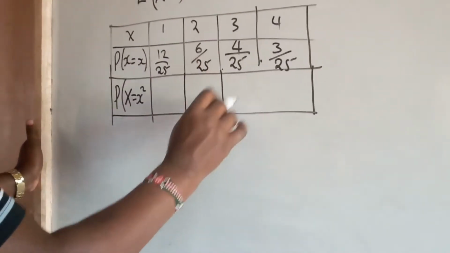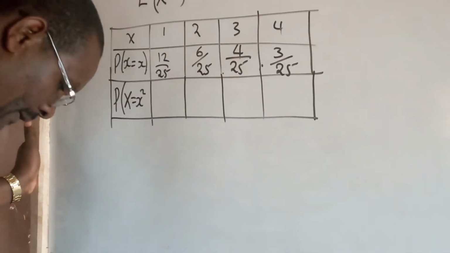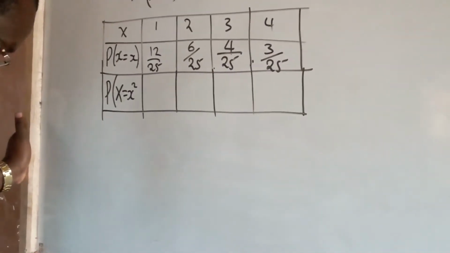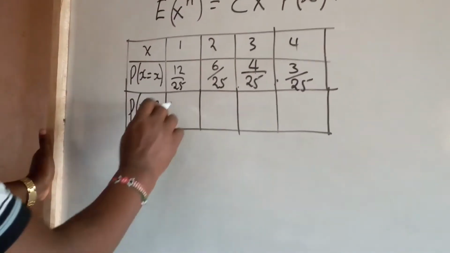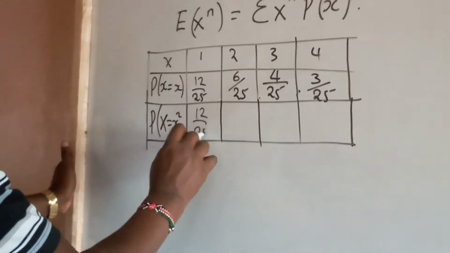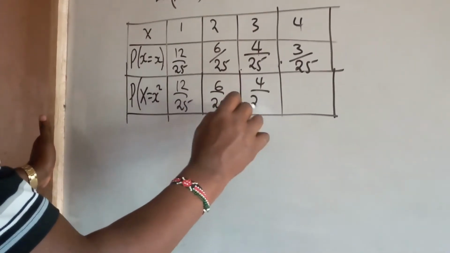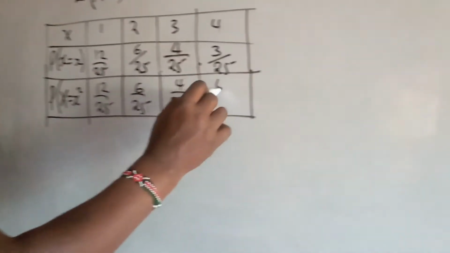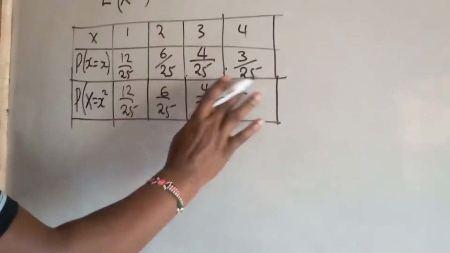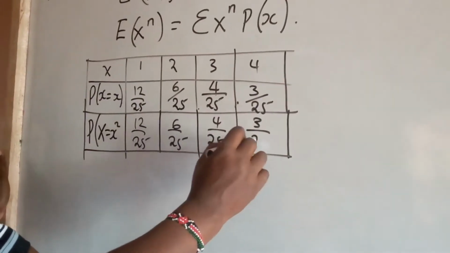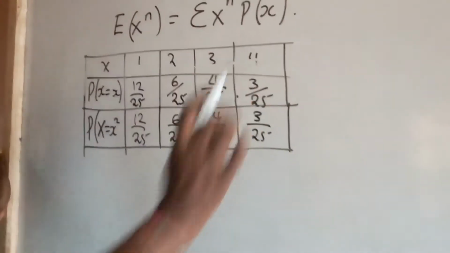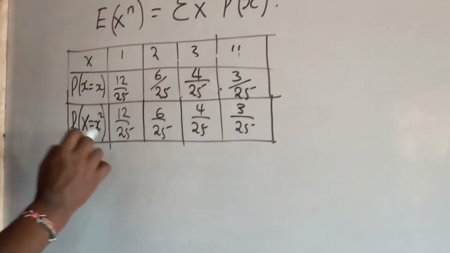So the probability distribution for x squared remains the same: 12 out of 25, 6 out of 25, 4 out of 25, and 3 out of 25. Just note that only the x's are going to be squared.